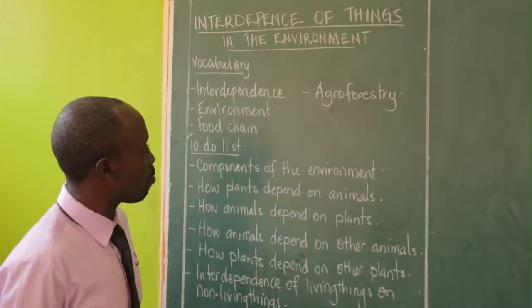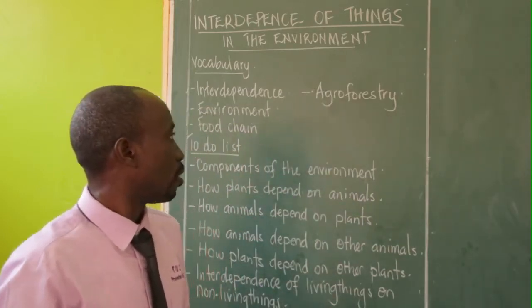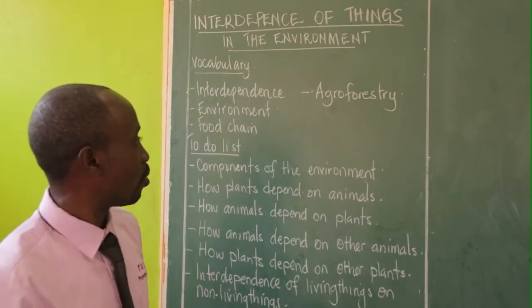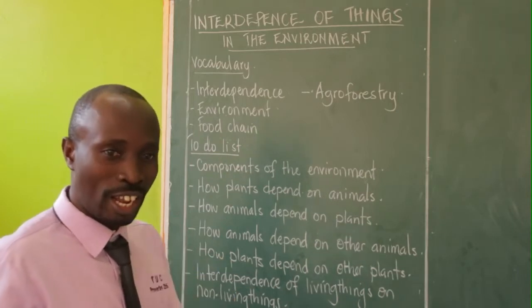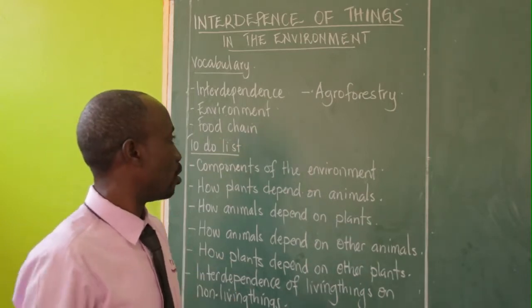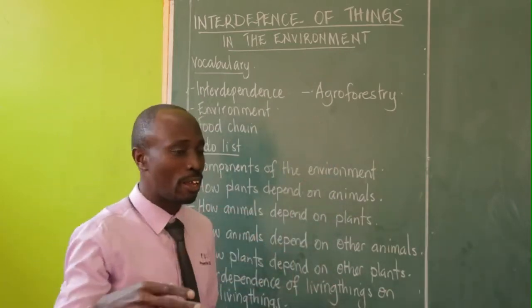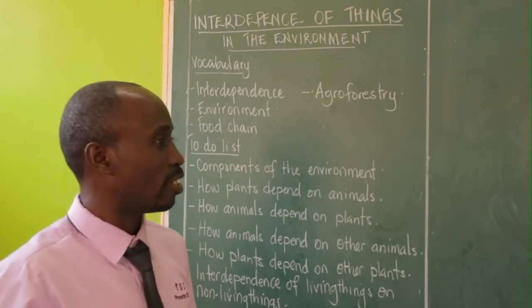All right, we have another word here. That is agroforestry. So agroforestry has two words, that's agriculture and forestry. It simply means we do agriculture alongside growing of trees. So in other words, agroforestry is normally seen by many farmers practicing it because it is so advantageous.